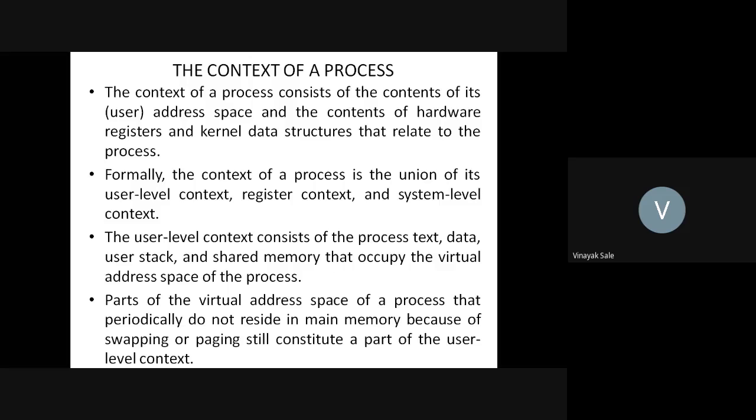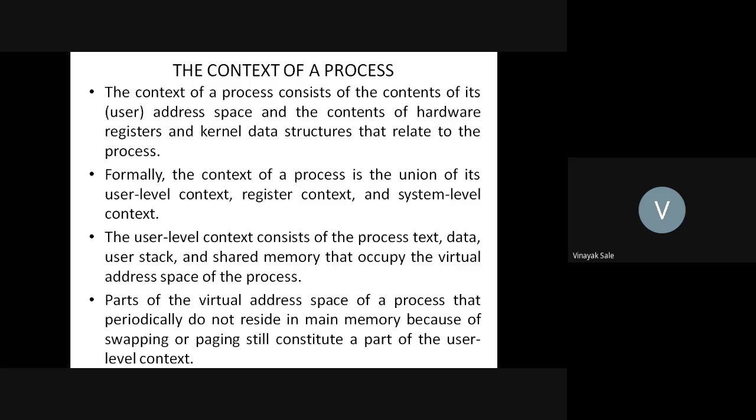The next part is the context of a process. The context of a process consists of the contents of its user address space, the contents of hardware registers, and kernel data structures that relate to the process.